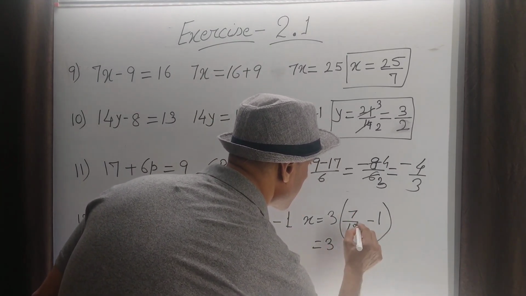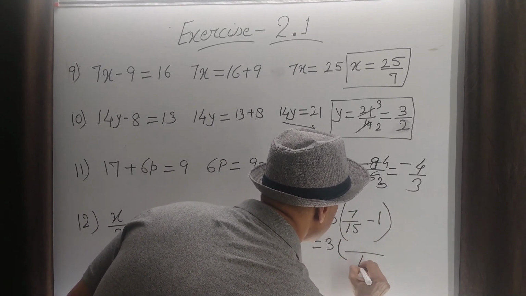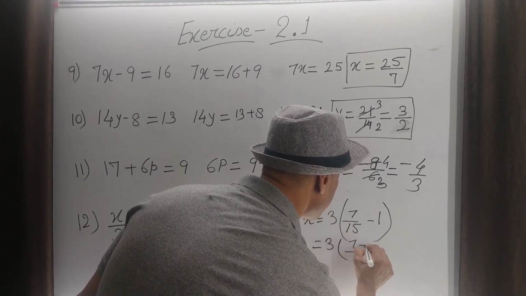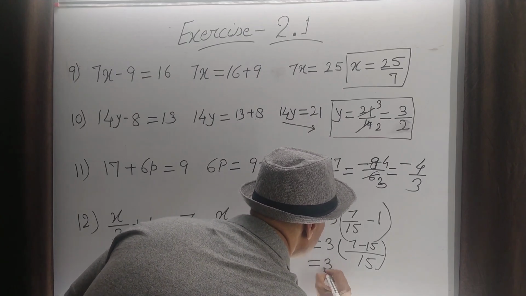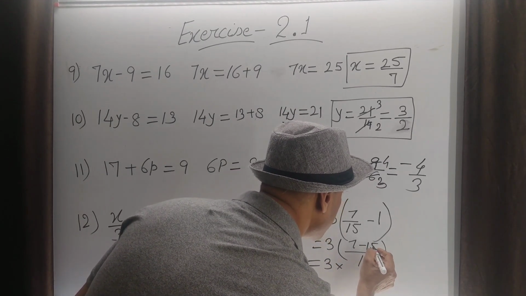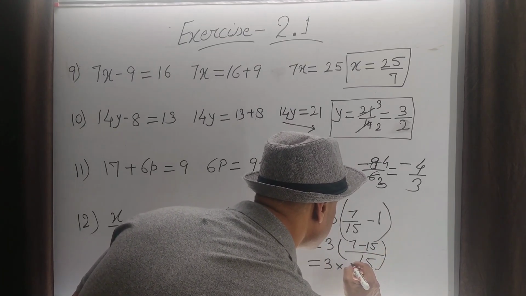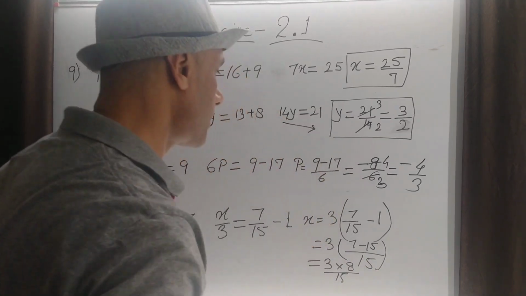So this becomes 3 into, with common denominator 15, 7 minus 15 over 15. This equals 3 into minus 8 by 15.